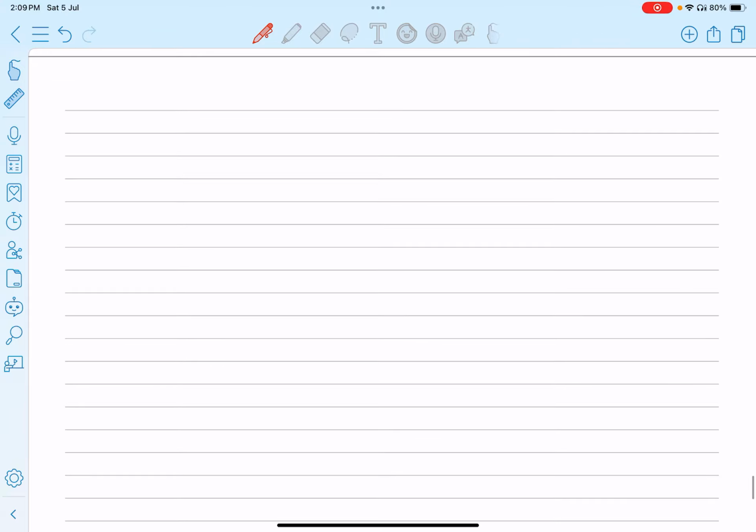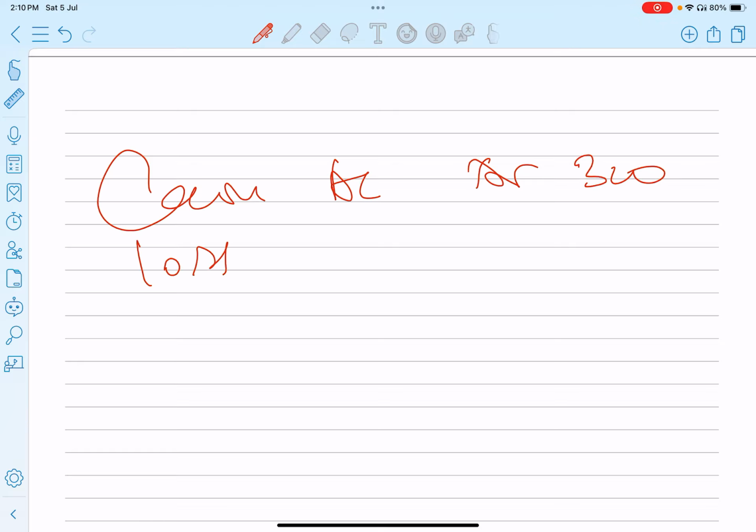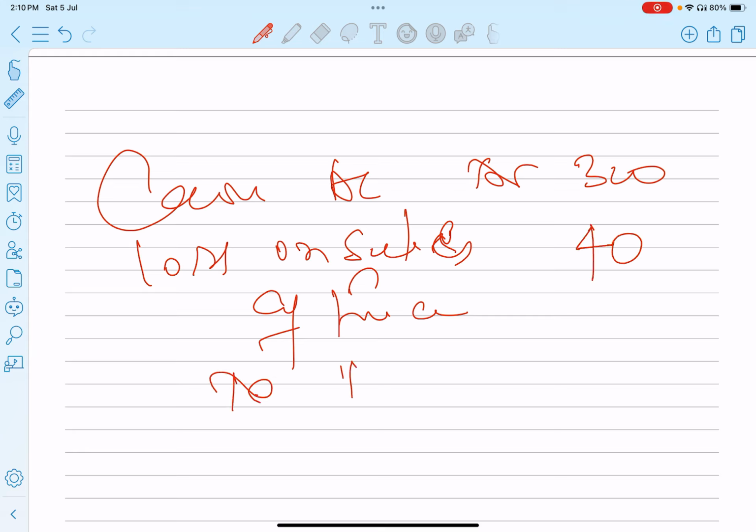So the loss will be cash account debit 300, loss on sale of furniture 40, to furniture 340.